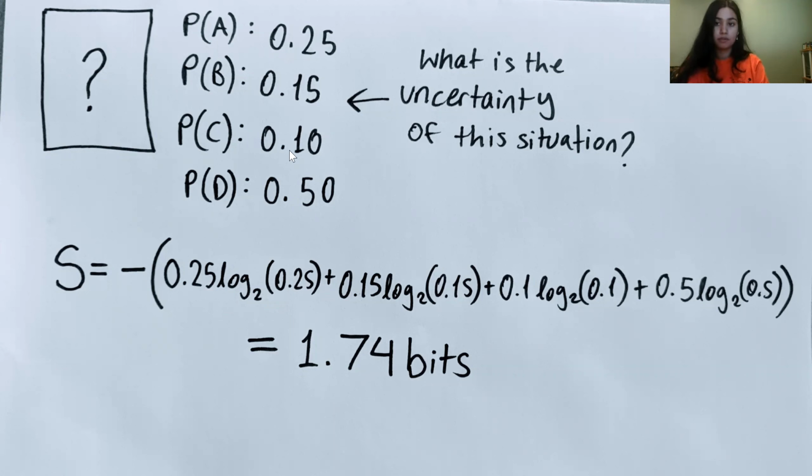So these are the probabilities. We can find the uncertainty of the situation by plugging into the formula from before, and we find that this situation contains 1.74 bits of uncertainty. And also note that there's actually less uncertainty here with unequal probabilities than there would be if all of the probabilities were equal.